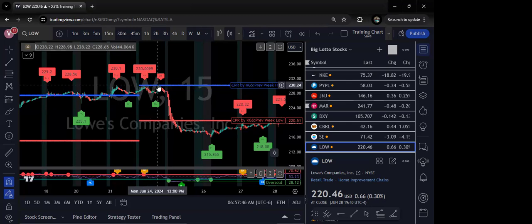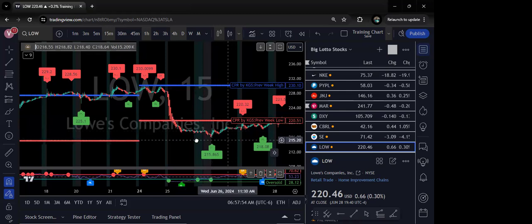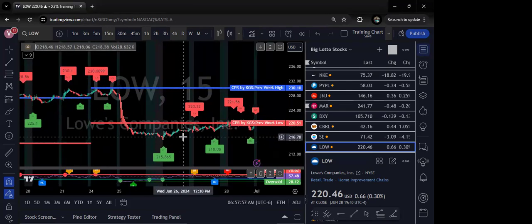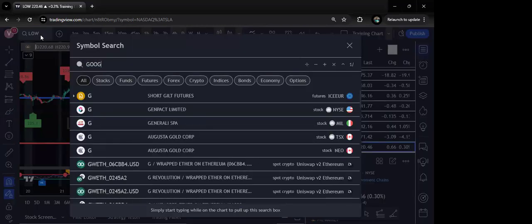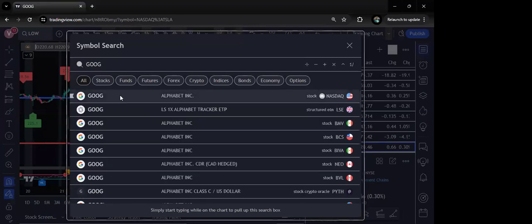That's a triple top. It has said no, full stop, period. It's not going above this level. Get puts, it went down to the previous week low, 220, and broke below it. And then we had Google and Amazon giving us new highs.